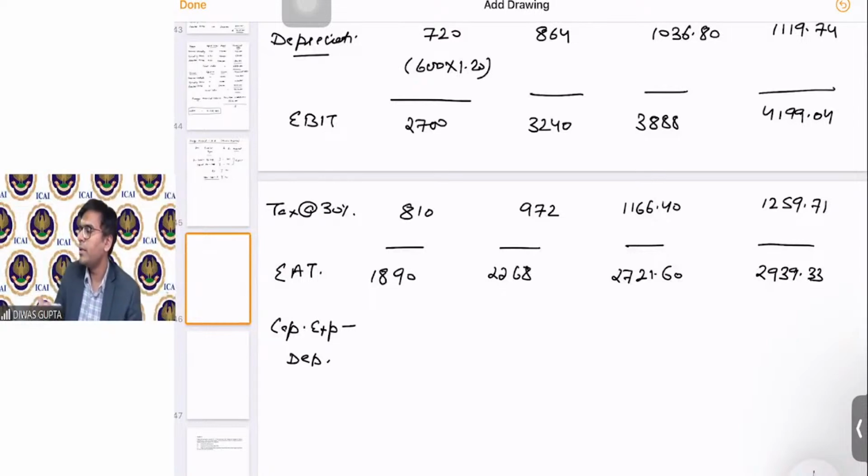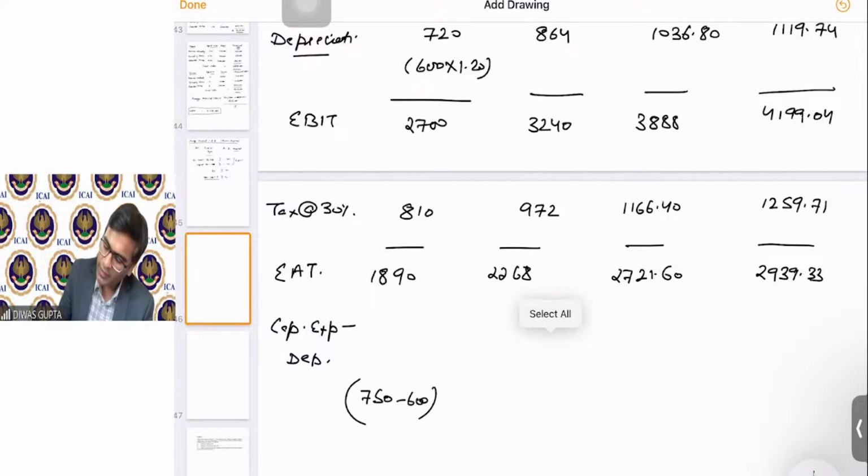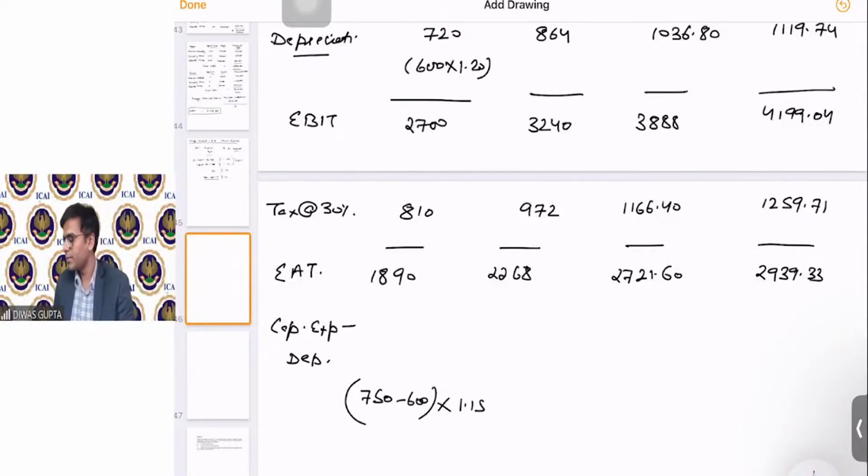In the current year, the depreciation included in OPEX is 600 and the capital expenditure is 750. So 750 minus 600. This is for year one, multiplied by 1.15. Correct, students?